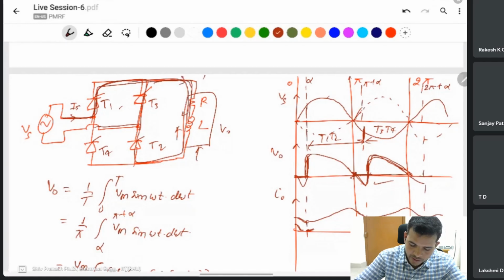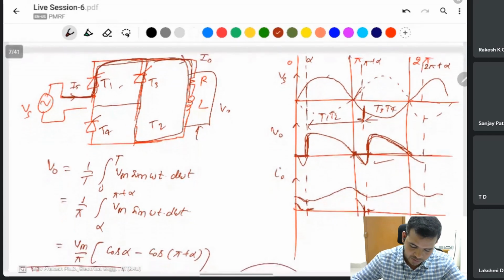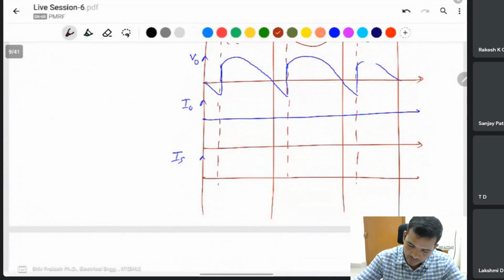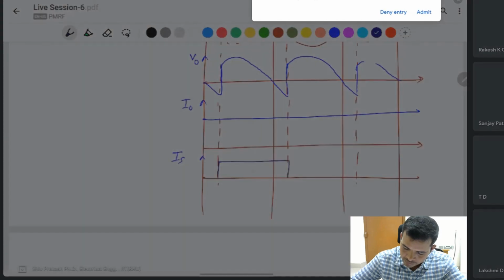I take the output as a constant current, which means constant current flows in the positive direction.